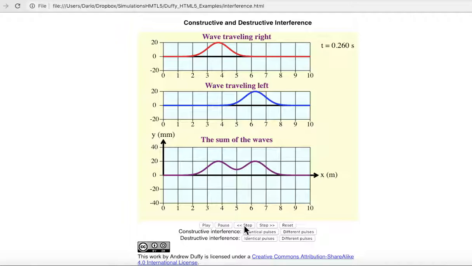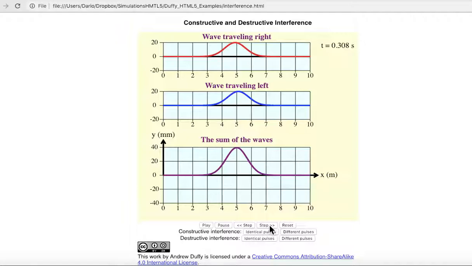At this moment we can still recognize the shape of each pulse, but as they continue to move towards each other, the shapes of each individual pulse are not recognizable anymore. At the moment when the crest of each pulse is at the same location as the other one, the resulting wave in this string has an amplitude that is twice the amplitude of each individual pulse.